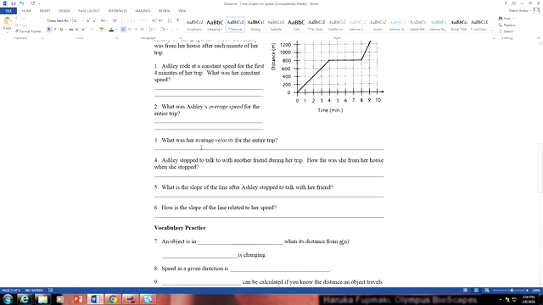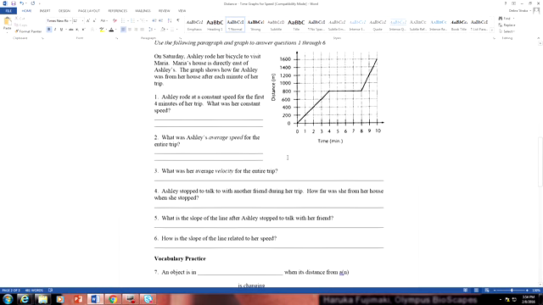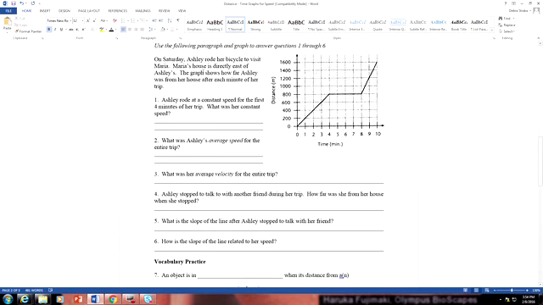What was her average velocity for the entire trip? That's what number 3 is. So velocity, what's the difference? Ask yourself, what's the difference between velocity and speed? They use the same formula, V equals D over T, but velocity has 2 things where speed just calculates the one. So go back and look in your notes, and we know that velocity is speed in a definite direction.